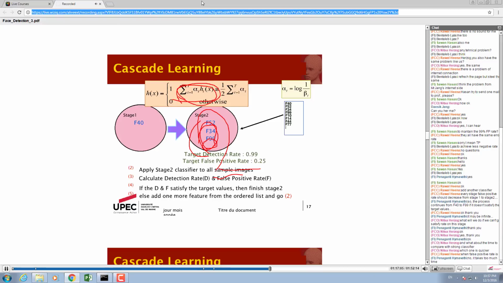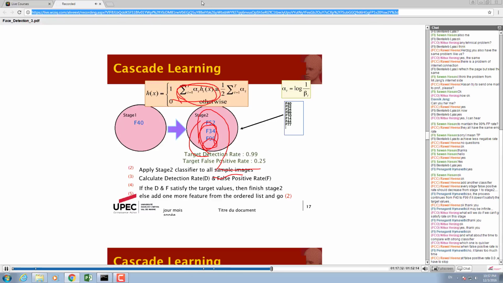But in terms of detection time, the cascade is much faster than the strong classifier. Once it is trained, then in real time, when we apply this classifier for detection, the scanning of windows over the picture is much faster than with just one original strong classifier.